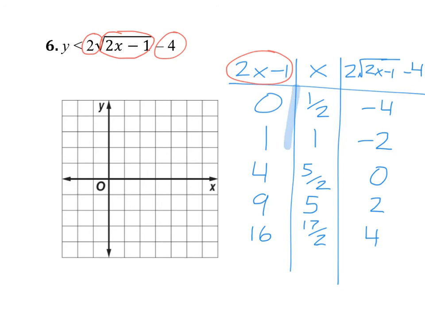All right, graph only these 2 columns. We have 1/2 comma negative 4. We have 1, negative 2, 2.5, 0, 5, 2, and 8.5, 4, which doesn't fit. We want a dashed line on this one.